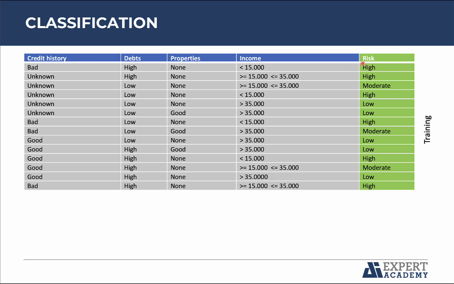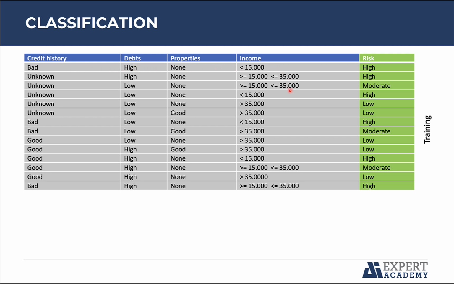We can consider that this customer took out a loan in the bank and the risk is considered high. Let's suppose that he or she didn't pay the loan. So the risk was high in the past for a customer with these features.